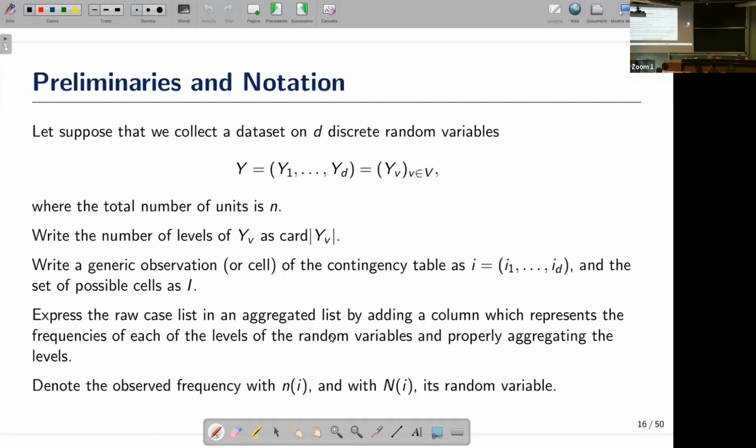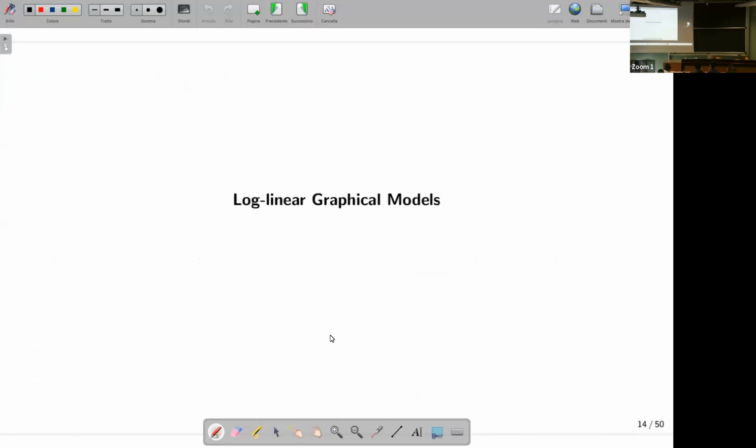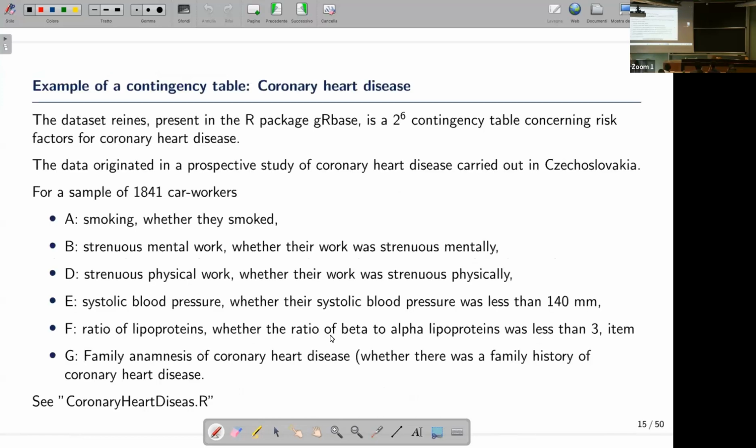Let's go back to the example. You have these 2,000 workers, and you interview each of them. You ask, do you smoke? Yes or no? Do you have strenuous mental work? Yes or no? Do you have strenuous physical work? Yes or no? So at the end you have a table, a data frame, right?